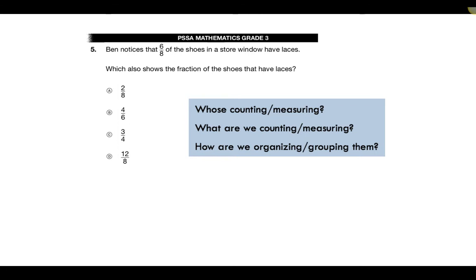How's he organizing them? The ones that have laces and the ones that don't have laces, right? Those are parts. So we got the ones with the laces and the ones without laces. 6/8 of them have laces. That would mean the other 2/8 don't have laces. 6/8 have, 2/8 don't, which shows the fraction of the shoes that have laces.